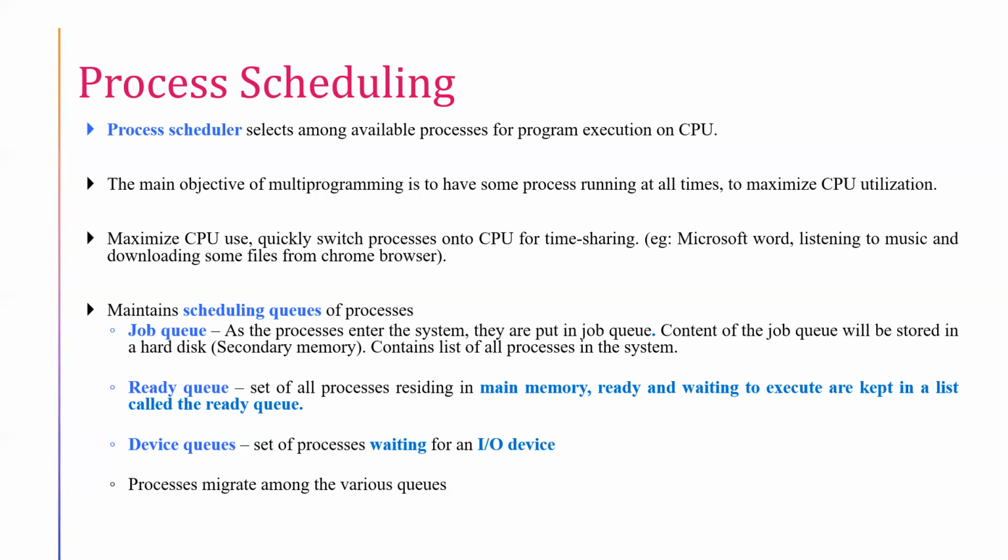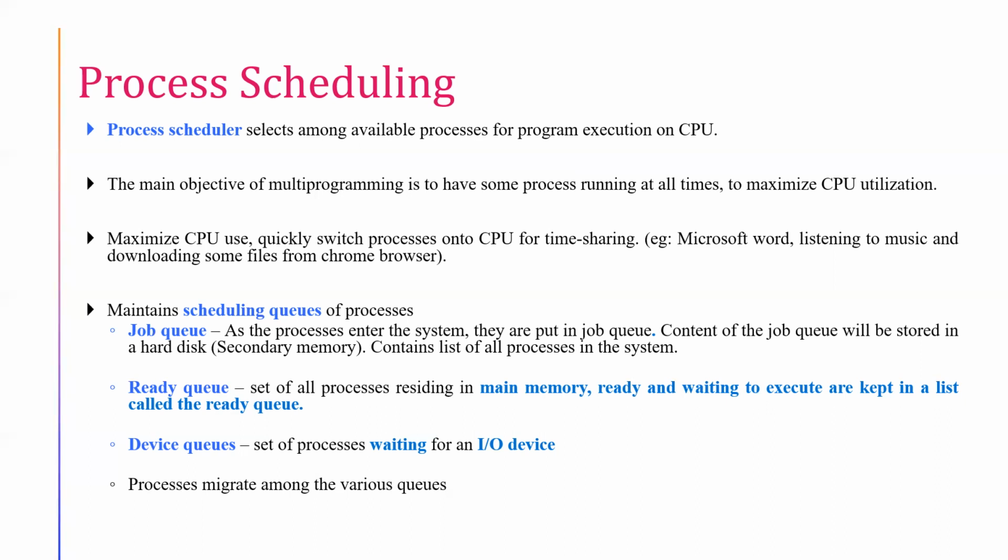So this contains the list of all the processes that are available in the system. This job queue is nothing but a storage, and we call that storage the hard disk, which is the secondary memory.